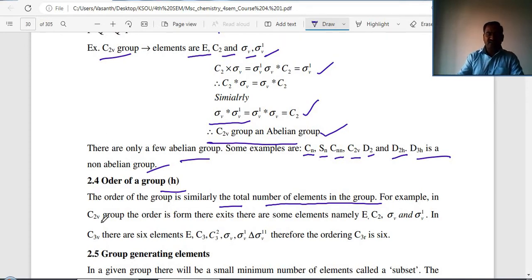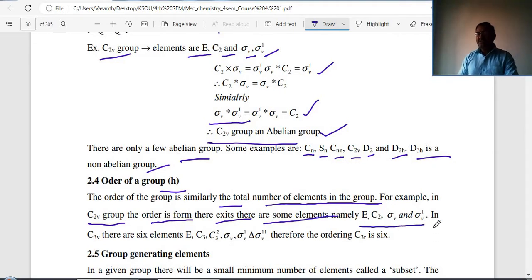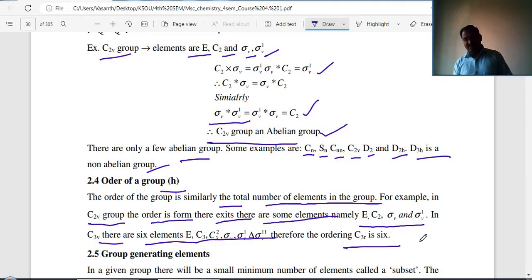For example, in the C2V group, the order is four, as there are the elements E, C2, sigma V and sigma V dash. In C3V, there are 6 elements. We consider here E, C3, C3 squared, sigma V, sigma V dash and sigma V double dash. Therefore, the order of C3V is 6.